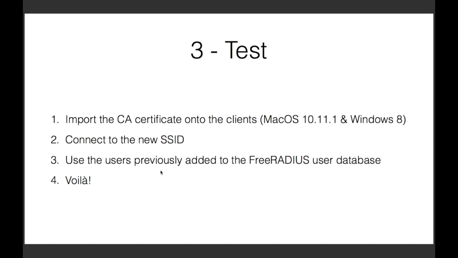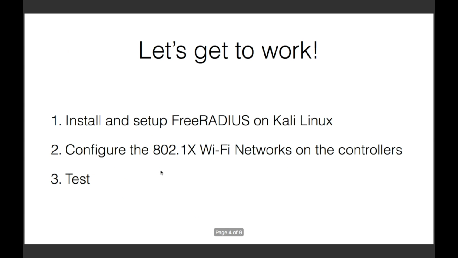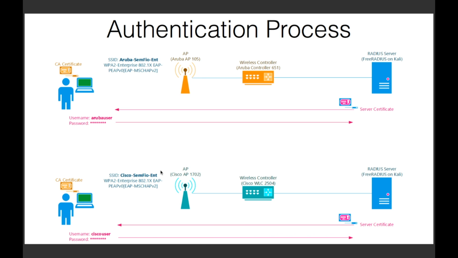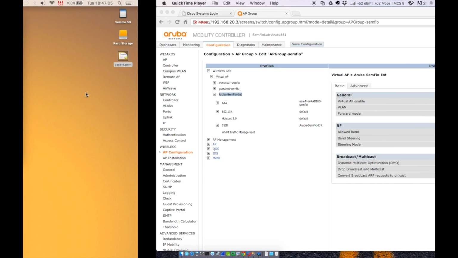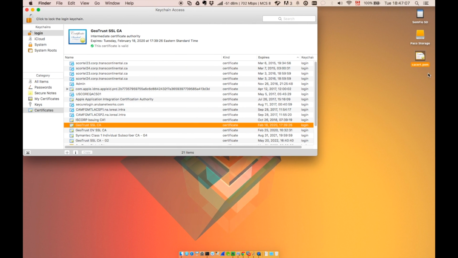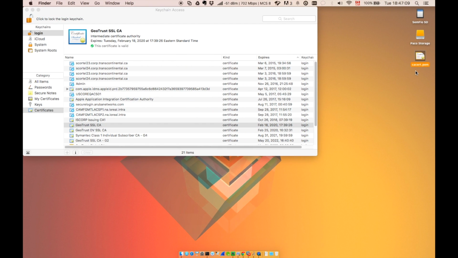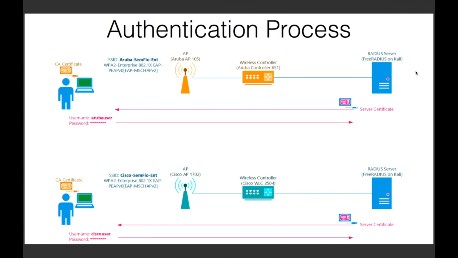All right, so if we go back to the little drawing, authentication process. On the FreeRADIUS server, we have created previously two different certificates, the CA certificate and the server certificate. I have sent the CA certificate to my client, so I have it on my desktop right here, and I'm going to import it to the certificates on my Mac.